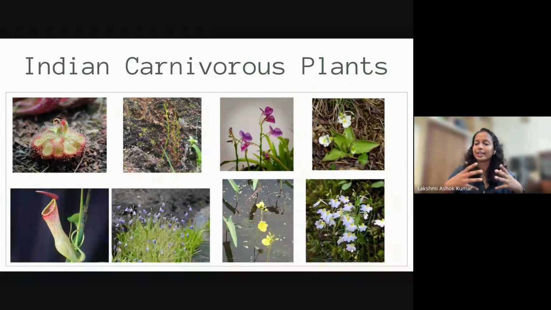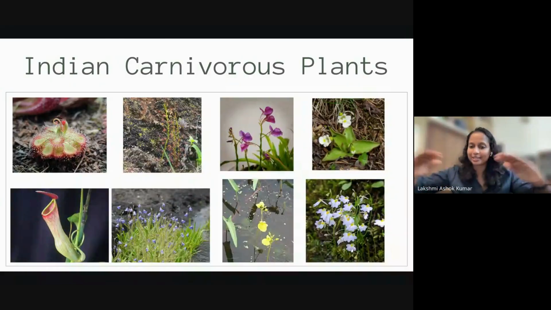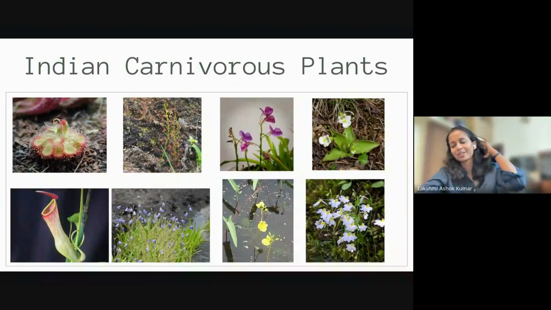If you go there, you will see a bed of Utricularia reticulata all blooming at the same time, and it's a beautiful, wonderful sight, which is now attracting a lot of people there for photography, taking videos and all.